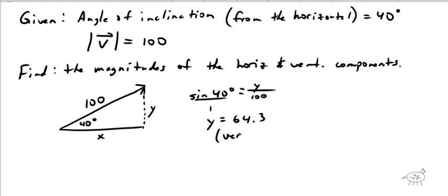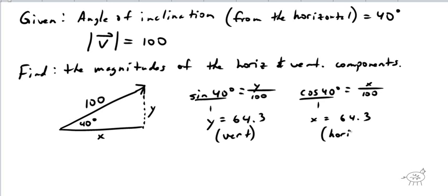And that's our vertical. Okay, and then same thing, we're going to do cosine of 40 degrees equals x over 100. Cross multiply, and you wind up getting x equals 64.3. And that is our horizontal component.